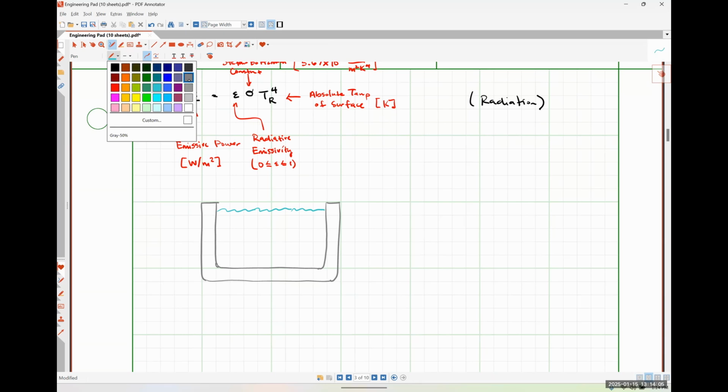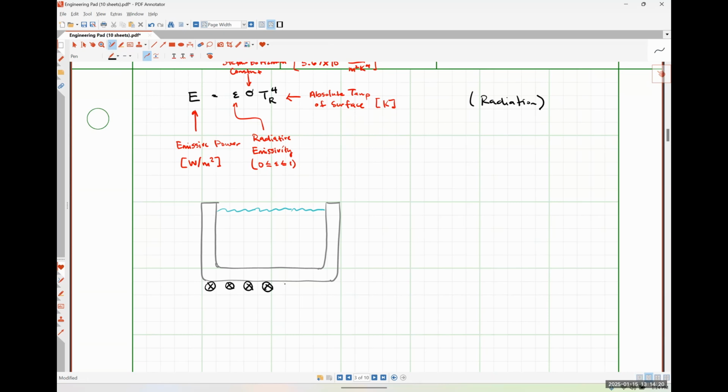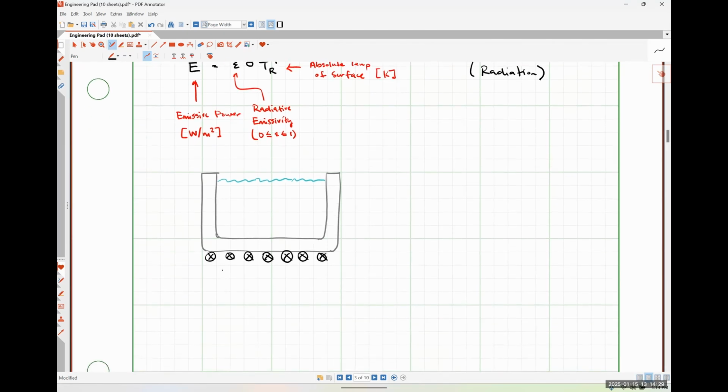And then down here below, we make those slightly different colors so we can see the difference better. This is my heating coil down here, which has some temperature, which I'm going to call T coil.